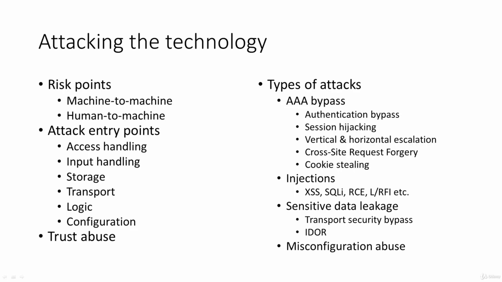Cross-site request forgery is one example. Let's say we can manipulate the user, or technically arrange that the user that is successfully authenticated against the web application will issue an HTTP request that we have specifically crafted.